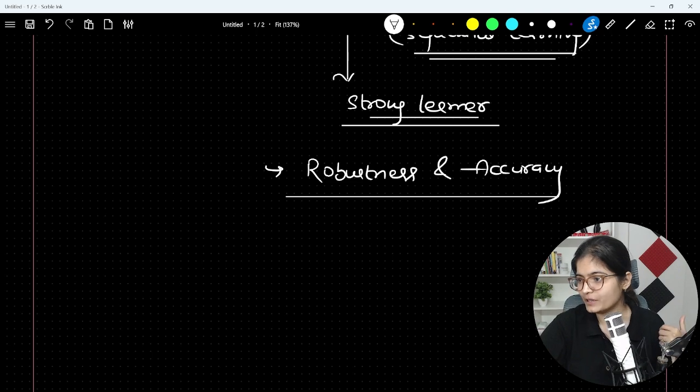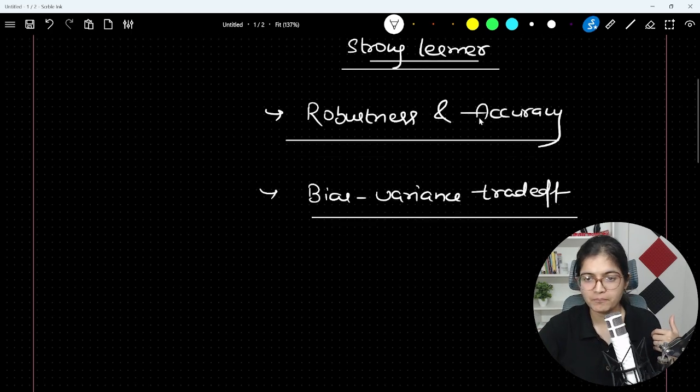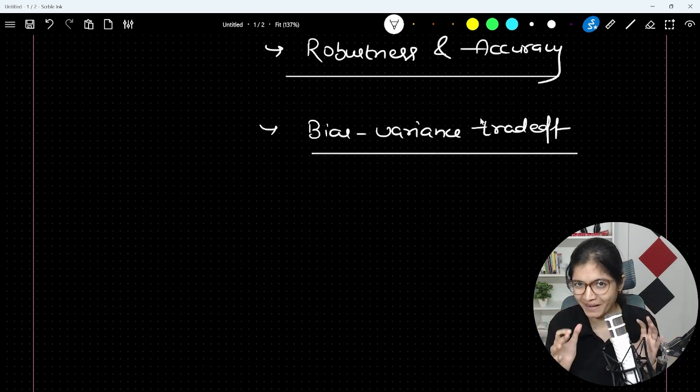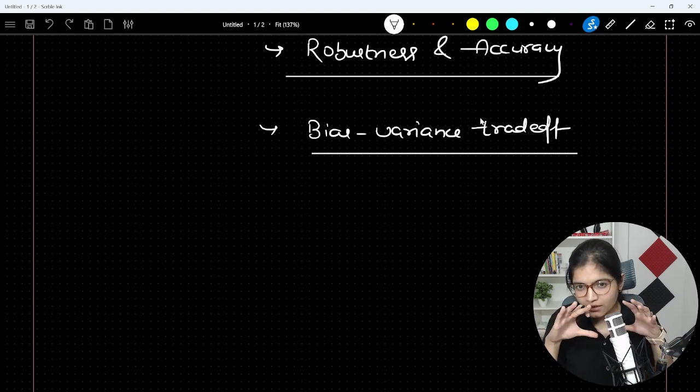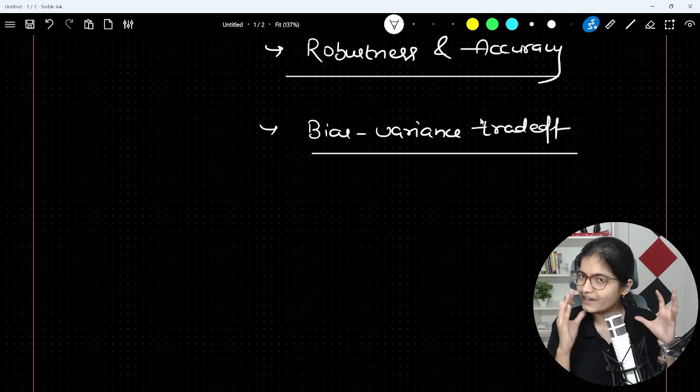Now, the next important part you will observe in this algorithm is the concept of the bias-variance trade-off, as we have discussed, right? With the help of this algorithm, my model will be able to reduce the bias and the problem of underfitting. If my model is not able to understand the simpler features in the very first go, it's okay.